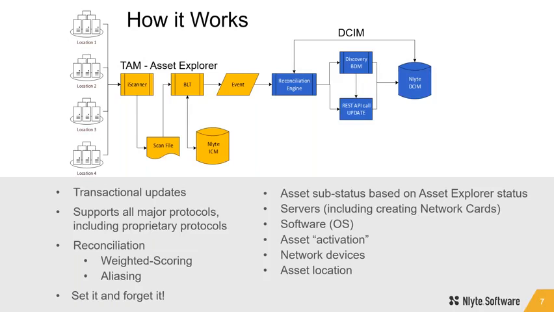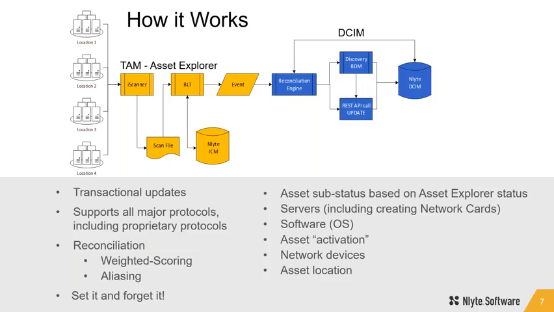And if you want more information, you click one click and you're there reviewing more information about the assets and everything else. So it will find all of the assets, it will find the network cards, build up the network connections, it will document and find the OS, it will update the DCIM solution with the operating systems that are there on those devices. It'll understand if something's active, it'll help automate and drive workflow. So it'll help really as things are installed. If you have tasks or activities or assets out there that are in a planned state, it will help update those to active operational as it finds them.